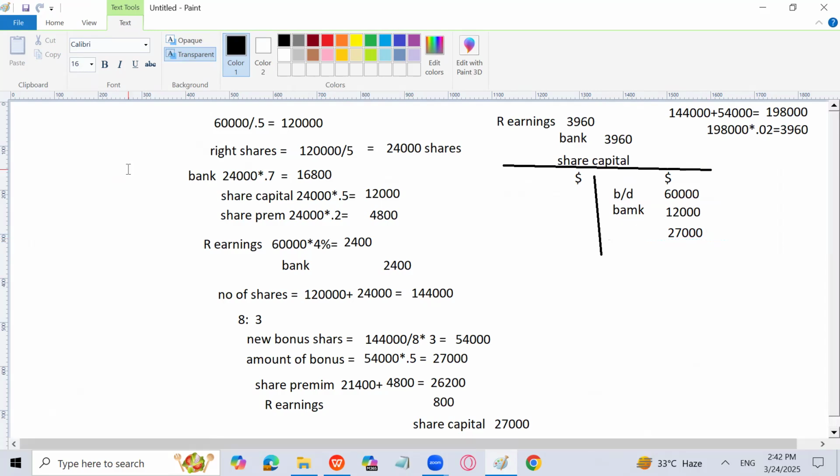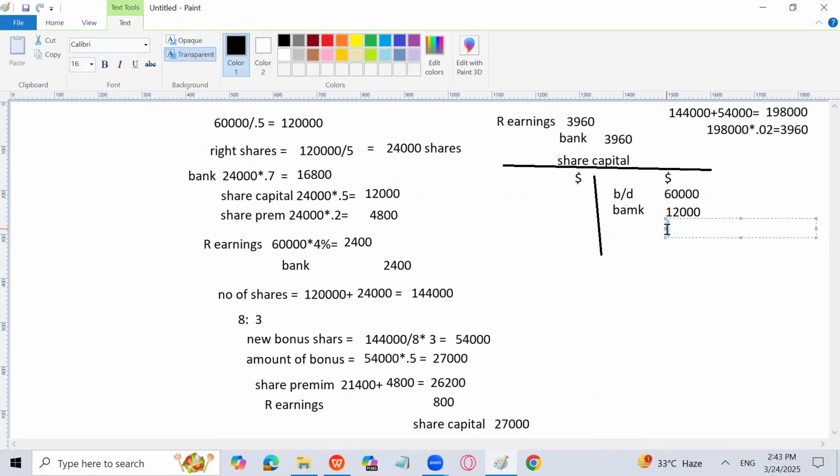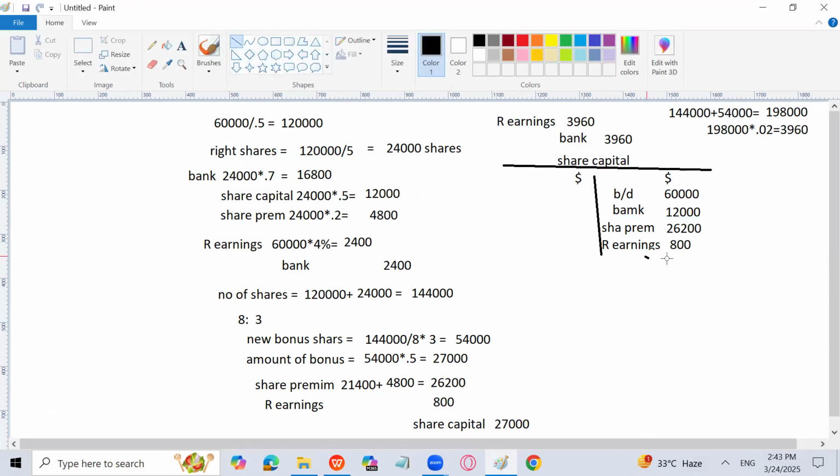There is a reason, because share capital is credited with 26,200 because of share premium, because that amount has been utilized out of share premium and the remaining had been taken from the retained earnings. So that will come separately actually, 800. Yes, because in T accounts you have to credit the share capital with both the names.